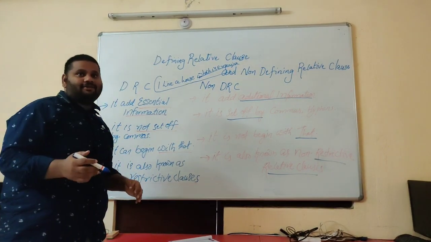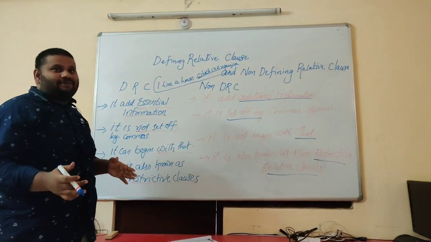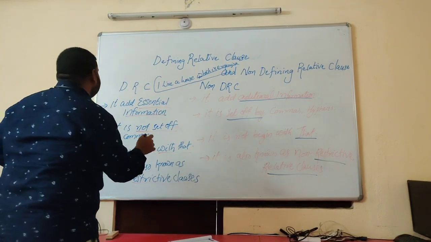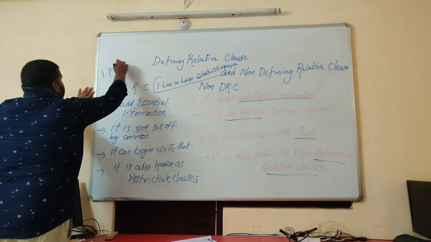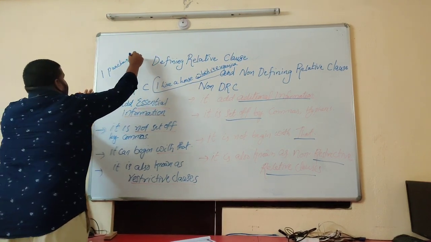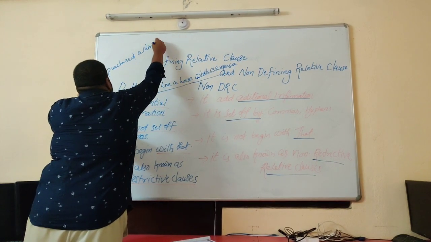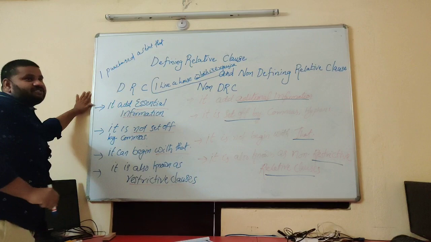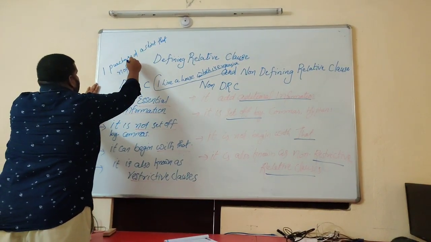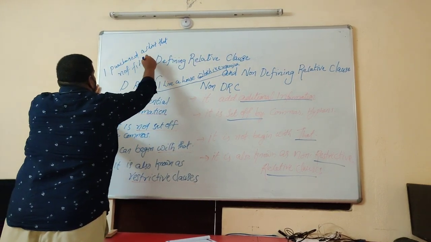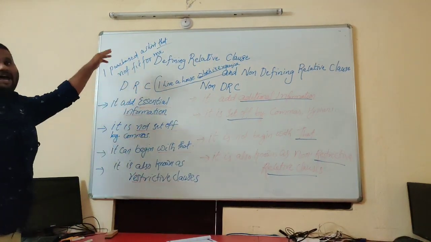The next rule: it can begin with "that". So you can add "that" in the sentence. Some examples I can write here: I purchased a shirt that did not fit for me.